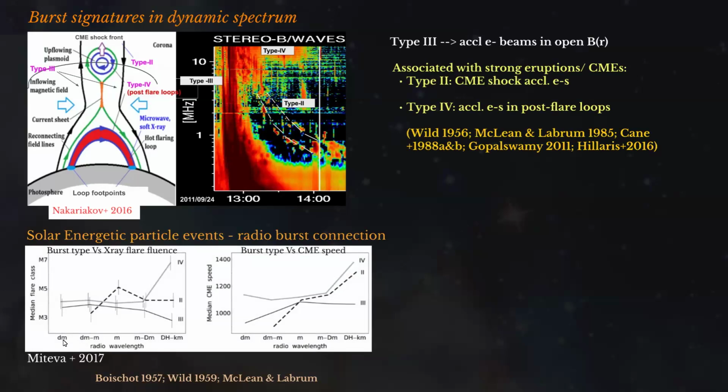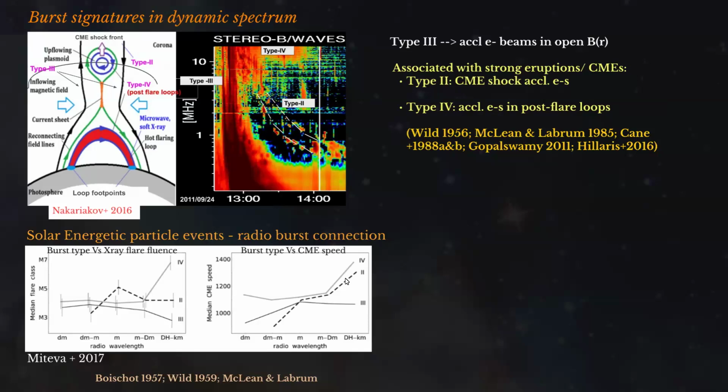So in the x-axis, what you have is the different radio bands starting from decimeter to kilometer. And the different line plots are for different types of radio bursts, like type 3, type 2, and type 4. And here in the y-axis, what you have is the median flare class associated with these bursts. Okay.